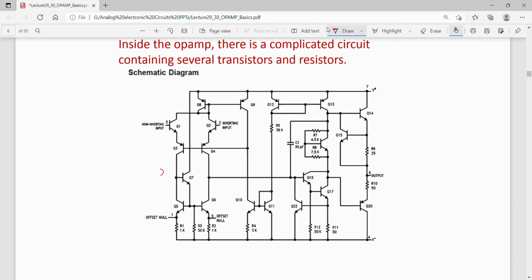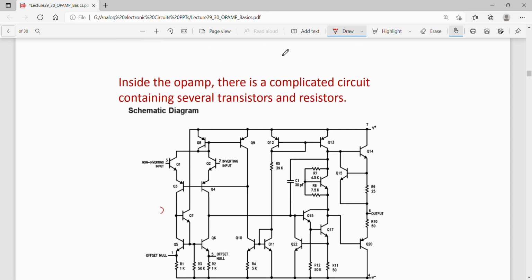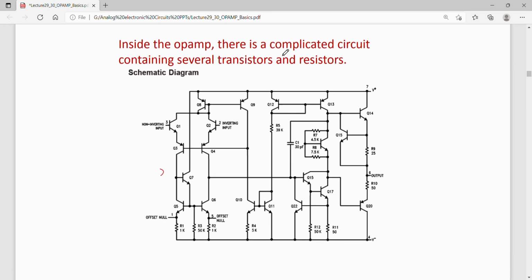Now as I said, the op-amp is a special kind of difference amplifier. The properties of this op-amp are special in the sense that it has high or infinite gain. So gain was infinite, input impedance was also infinite, output impedance 0, and CMRR we had said has to also be infinite.